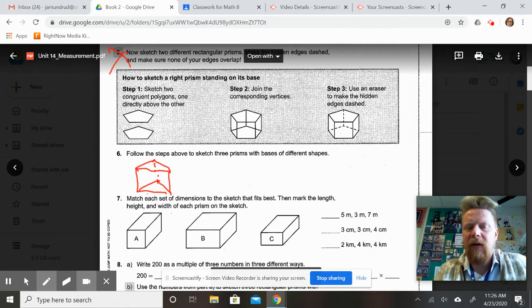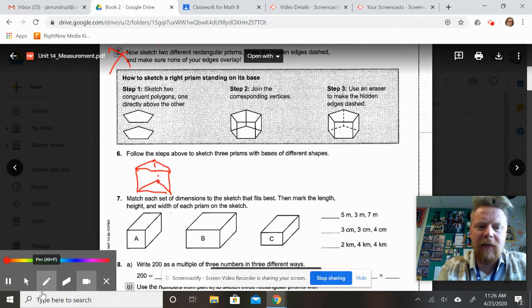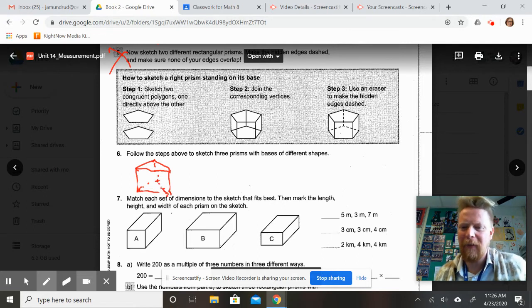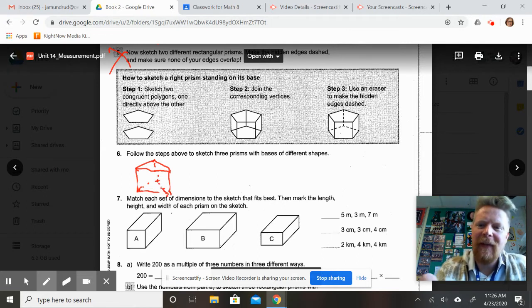Go ahead and do all of those. In fact, I think this one here, at the bottom, should probably be a dotted line because it's in the background. There you go. Perfect. What a work of art. Brilliant. Go ahead and do question 6 and then come back and do question 7 here.